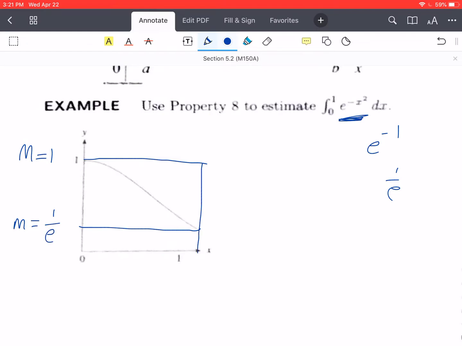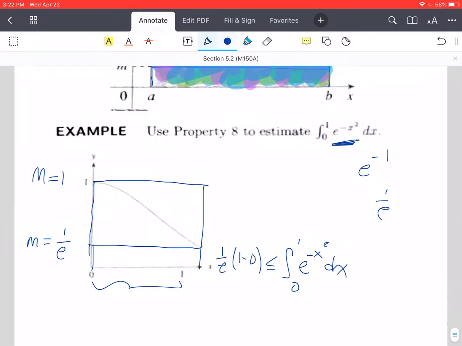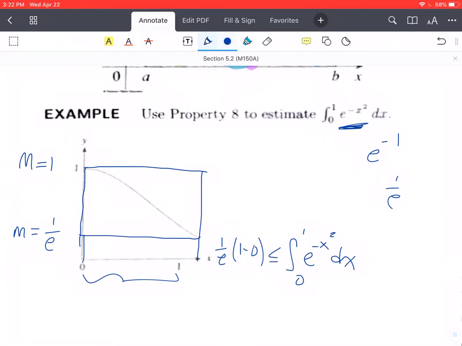And the idea is the entire function is going to lie between those two rectangles. The area is going to be between those two values. So we have the integral from 0 to 1 of e to the negative x squared dx is bigger than 1 over e times the width, which is 1 minus 0, and it's less than 1 times 1 minus 0.